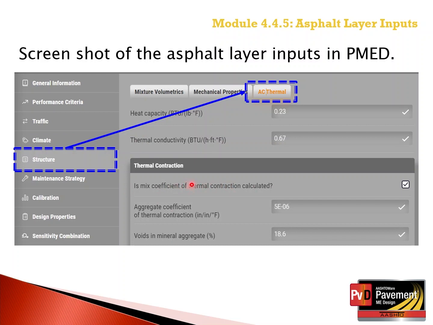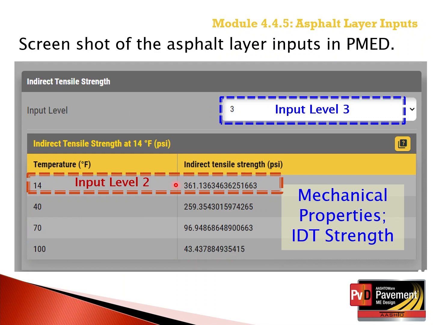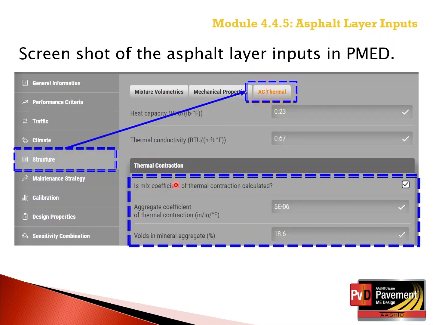As previously noted, when the software was open, the coefficient of thermal contraction can be calculated by the software, which is the common one selected and was used in the global calibration process, or it can be entered by the user as a calibration parameter for the length of transverse cracks.